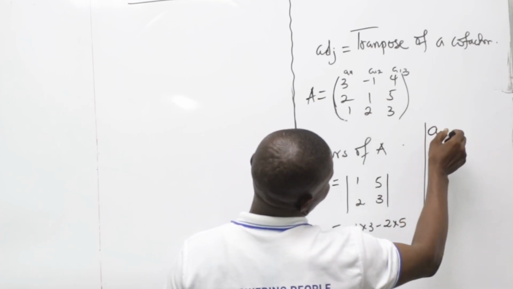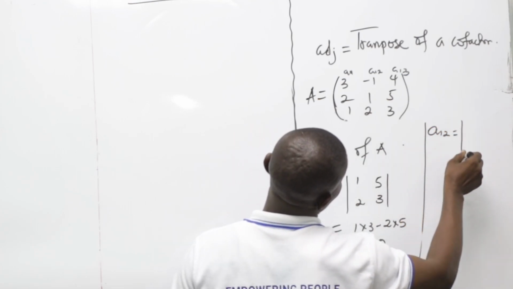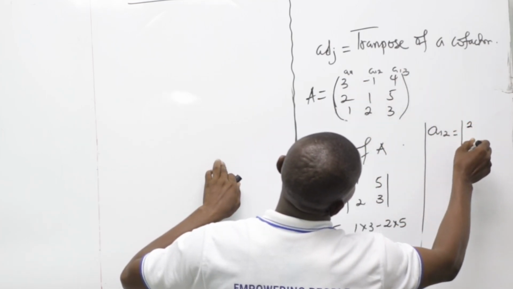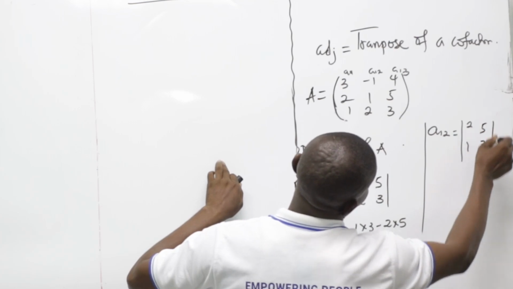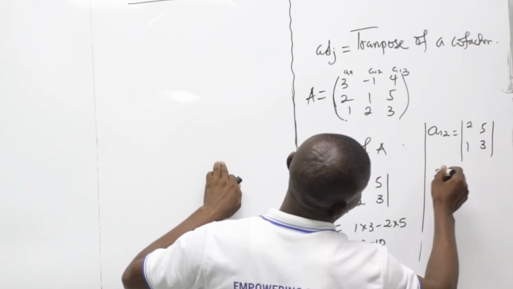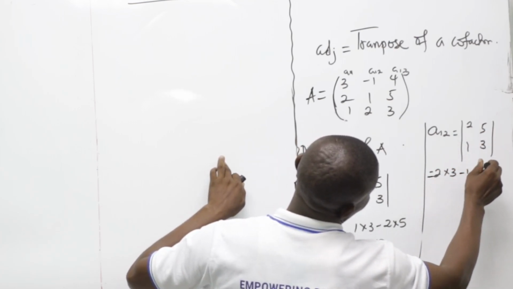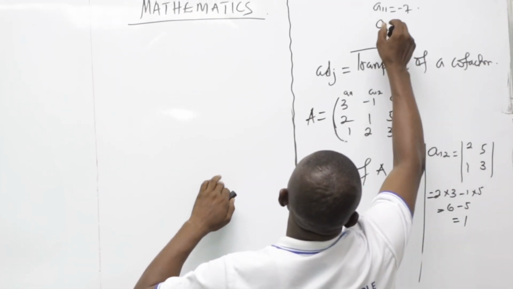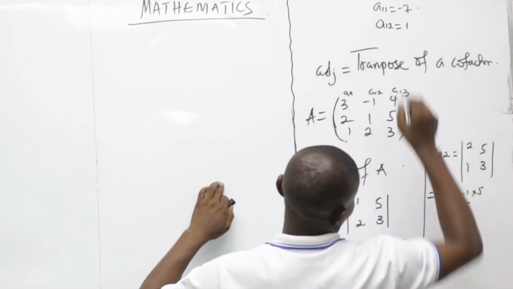Then A12 will give us the determinant 2, 1, 5, 3. 2 times 3 minus 1 times 5, 6 minus 5 equals 1. A12 equals 1.